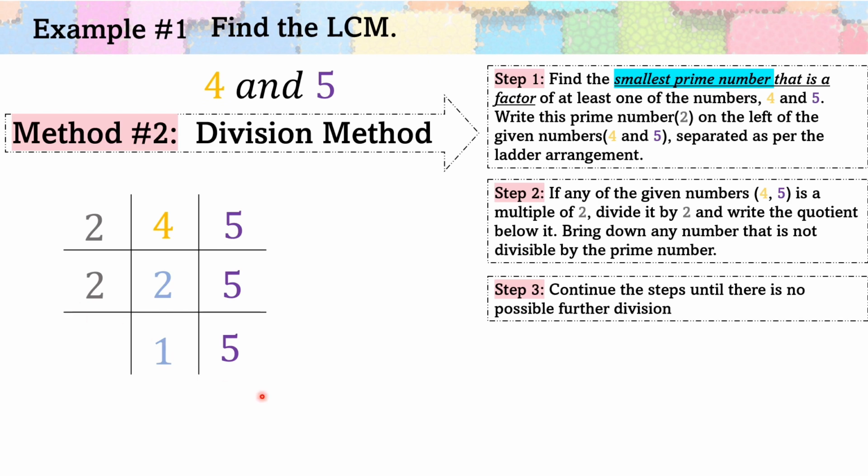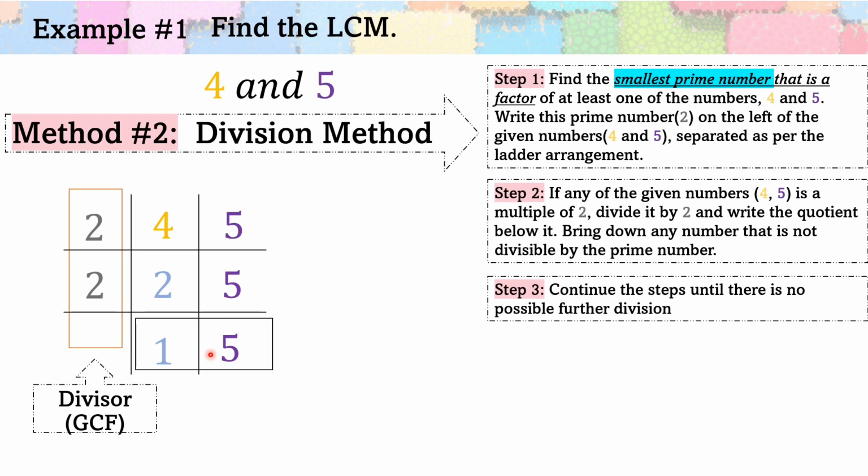We can't continue anymore because there is no smallest prime number that is a divisor of 1 and 5. So the 2s on the left side of the ladder are the divisors, and the last row, 1 and 5, are the remainders.